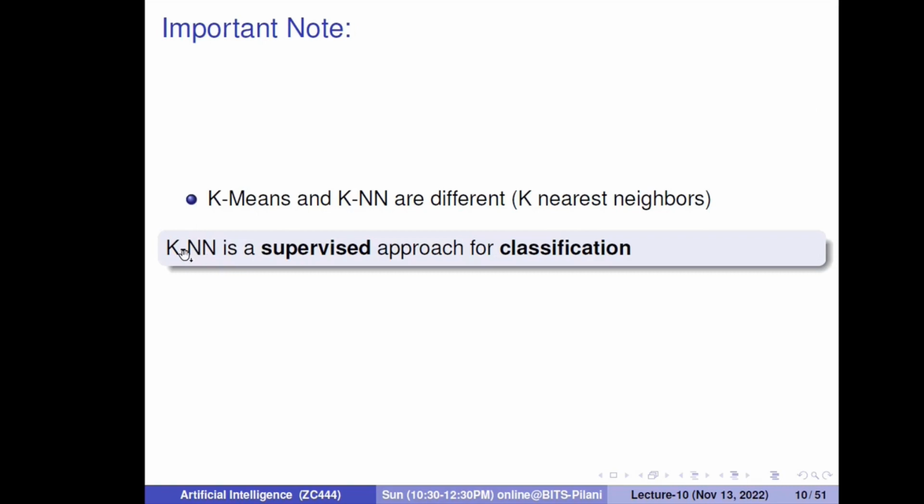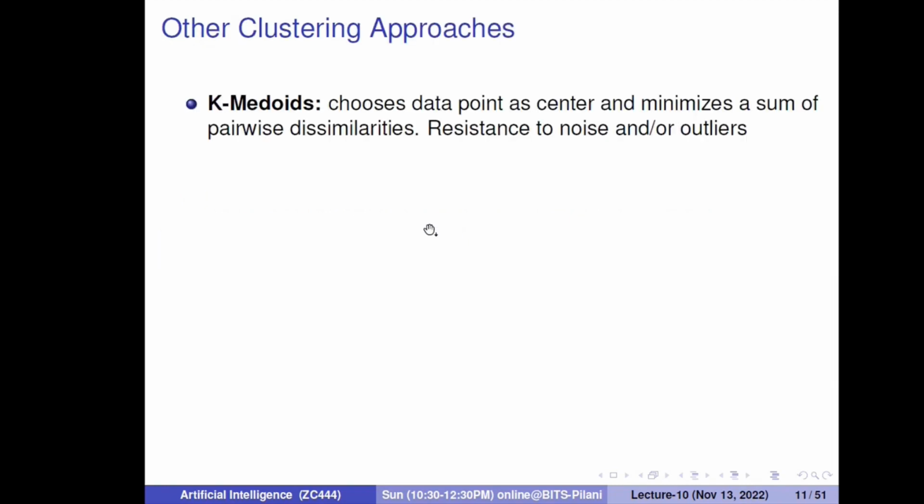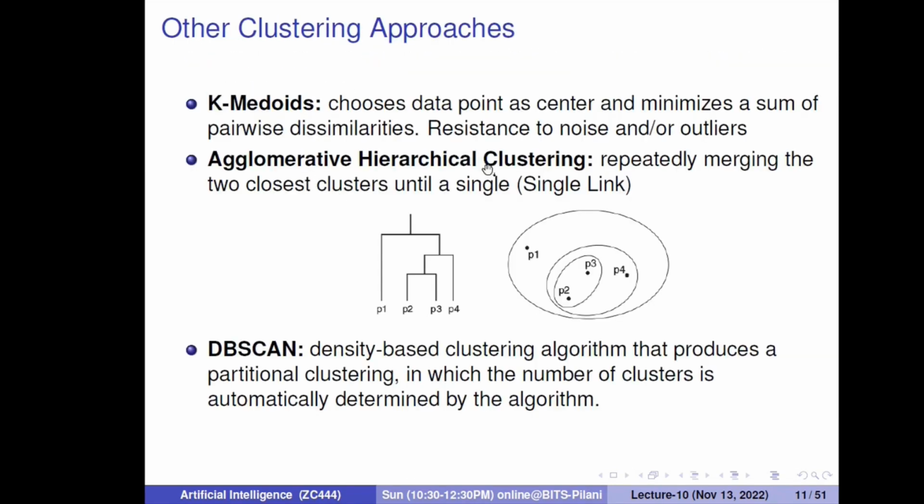Because k appears in both places, we sometimes get confused and give the wrong answer. It is a very frequent interview question, and if you answer it wrongly, they think you don't know anything. There are a few more approaches such as k-medoids and agglomerative hierarchical clustering.